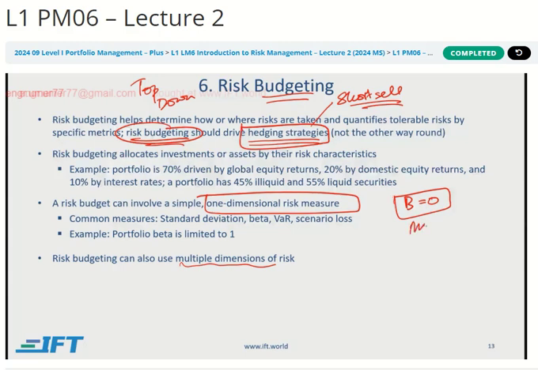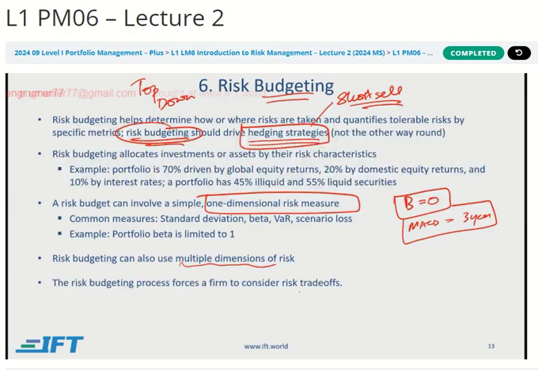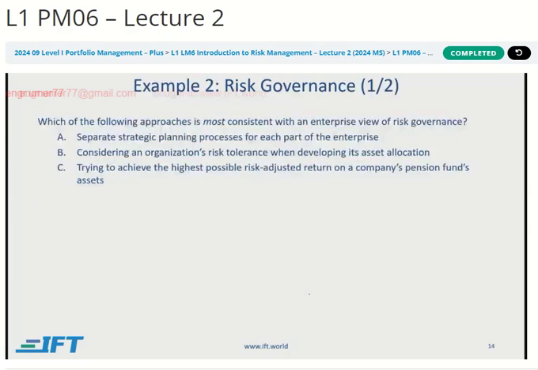And for my bonds, I want a modified duration of, let's say, 2 or something like this, or I can have a MacD of, let's say, 3 years. So we can have multiple dimensions as well. And of course, the lower the risk you take, the more likely the lower the return you're going to get. So that's definitely a trade-off.